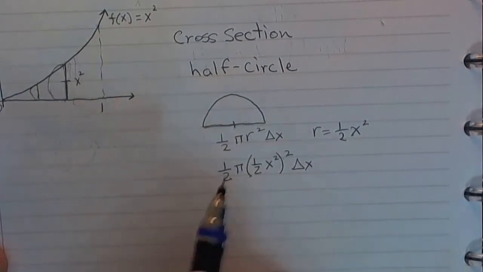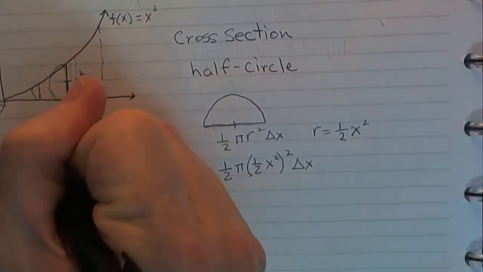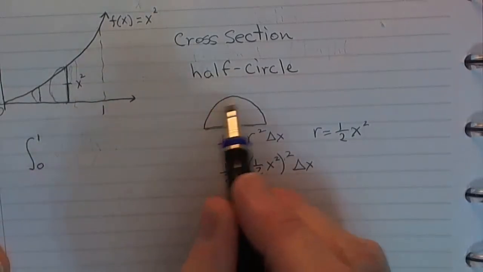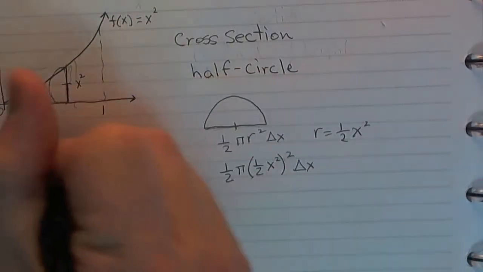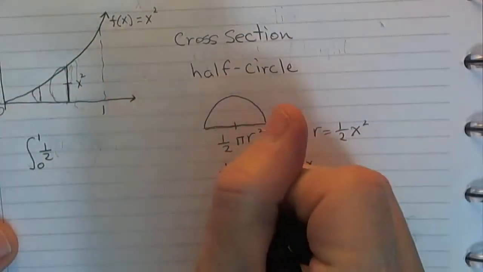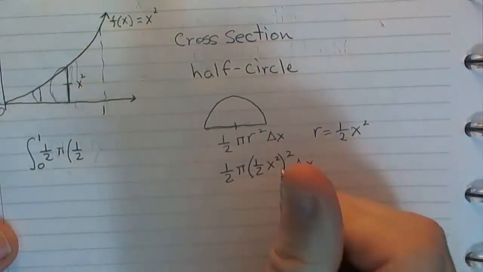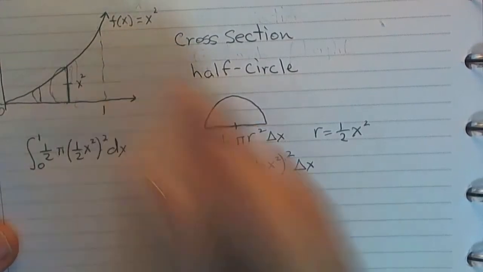Now, we're going to add up all of these little volumes. So what it amounts to is we're going to integrate from 0 to 1, and I'm going to put in the formula for the area. I've got 1/2 pi times (1/2 x squared) squared dx.